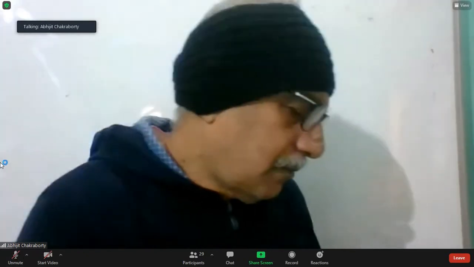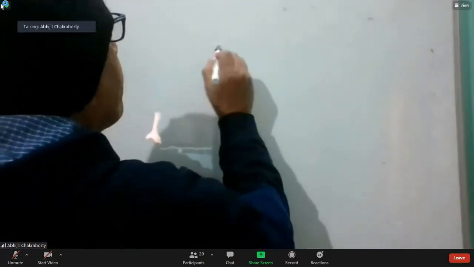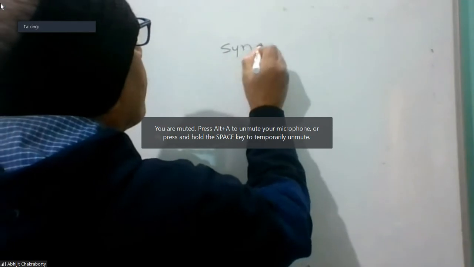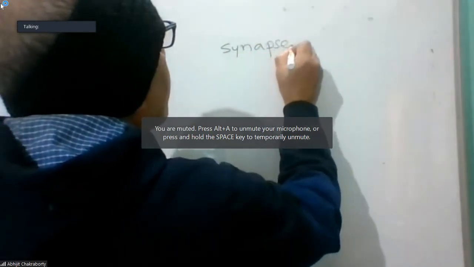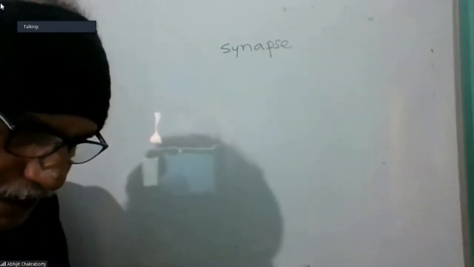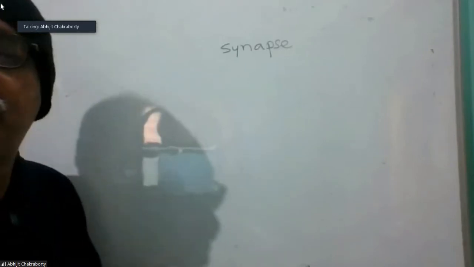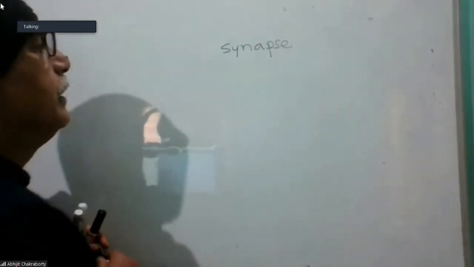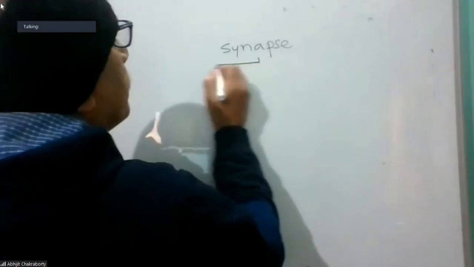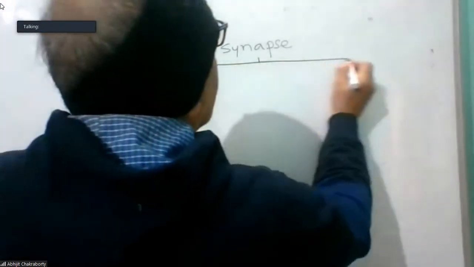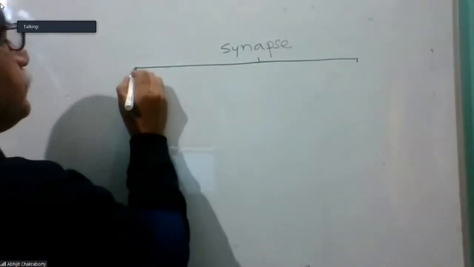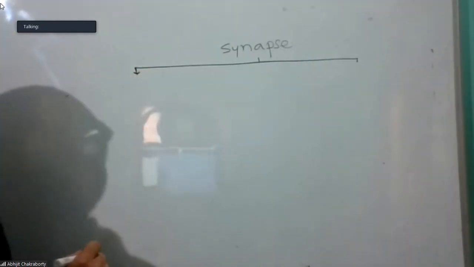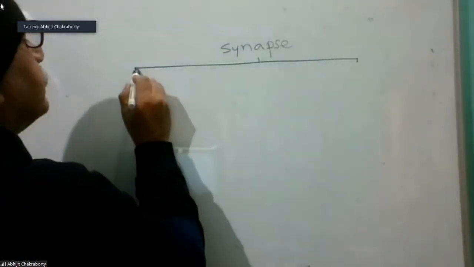Okay, so one thing is the synapse. The junction between two neurons is called a synapse, and synapse is of the following types.